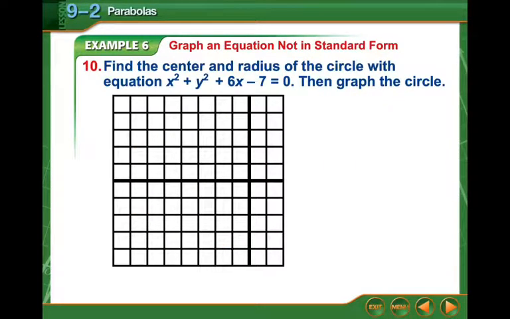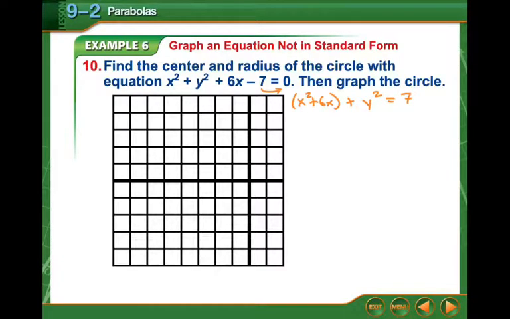So our last problem, number 10 here, not quite in the format we need it to be. So what we have to do here is actually complete the square with the x's. The y, there's only one y, so we don't have to worry about it. So we're going to have to move that 7 over and group our x's together. So we have x squared plus 6x in parentheses plus y squared equal to 7.